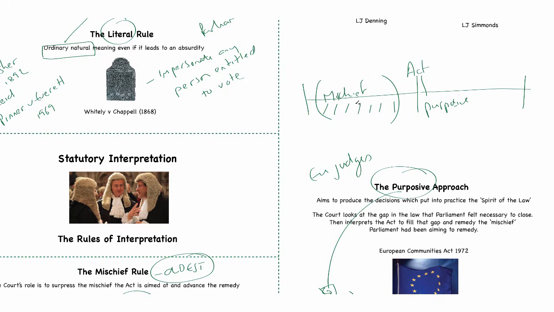So the mischief rule will say what was going on before the Act, because that's what we'll try to make the ruling on. The purposive approach says what does the Act itself say. So although they really are doing the same thing, the purposive approach is probably going more towards what Parliament intended than the mischief rule did.